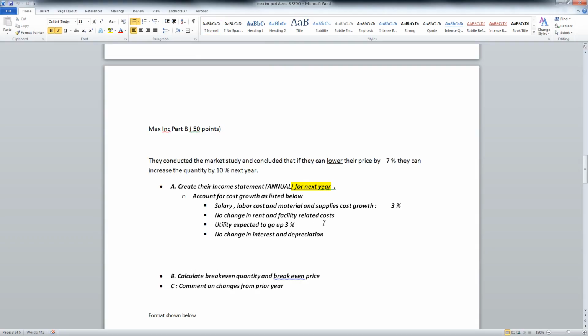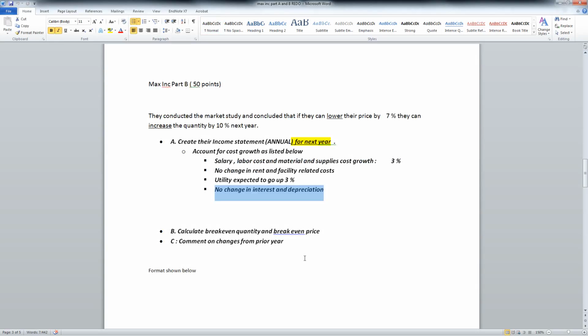So the problem statement is that the salary, labor, material, etc. will all grow 3%. There is no change in rent and facility related cost. The assumption is that maybe they had a long-term contract for the fixed rent. Utility will go up by 3%, and the interest and the depreciation will stay the same. Again, calculate the income statement and the break even.